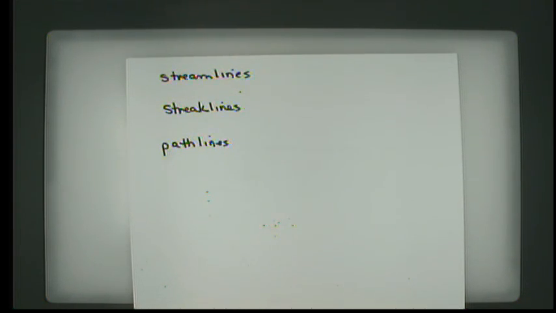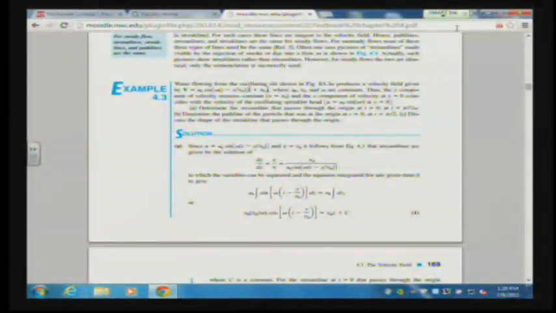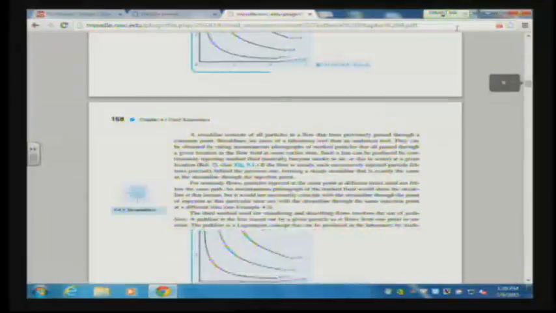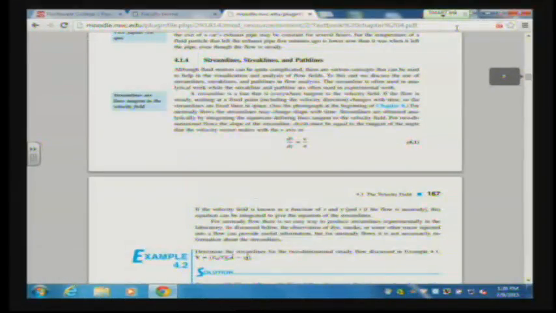Okay, so on page 166 of your textbook, I'm going to flip you back to the podium PC so that you can see this, and go back to page 166. All right, and you'll see here at the bottom that a streamline is defined as a line that is everywhere tangent to the velocity field.